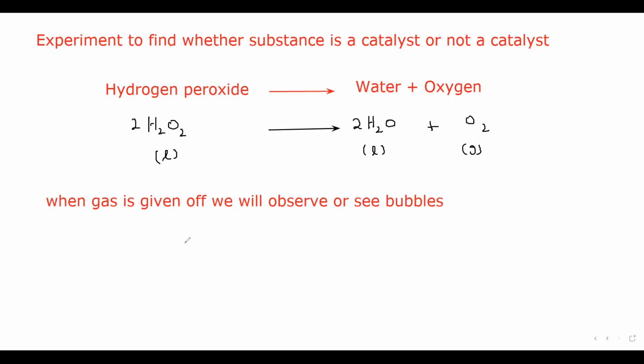So how can we tell whether a substance is a catalyst or not? Whenever we want to find out if a substance is a catalyst, we use hydrogen peroxide. For example, we take a conical flask and fill it with hydrogen peroxide. This is representing hydrogen peroxide, and we know it gives off oxygen.